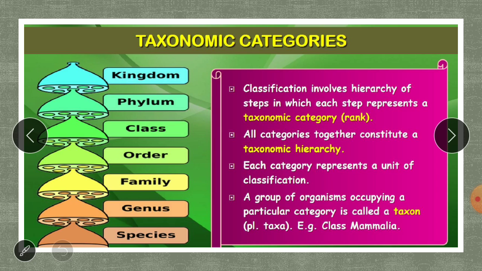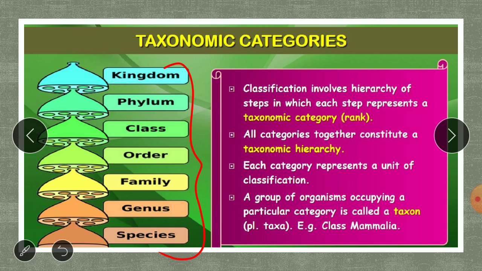In the same manner, in the taxonomic categories, they are classifying the organisms from smaller to bigger, from taking the most common feature of the organism and bringing it to the least common feature. You will understand this when we study each one in detail.